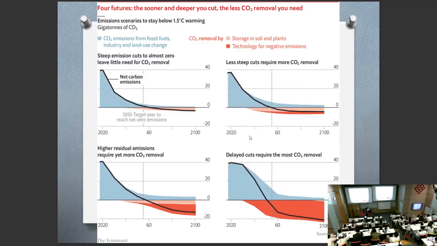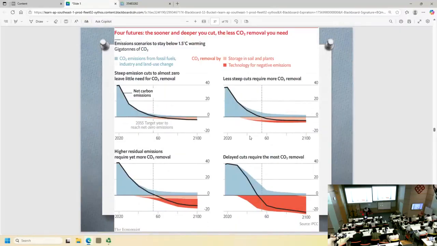So in the first figure, if you want to achieve net zero carbon emissions, net carbon emissions can be lower if you cut the carbon emissions drastically.